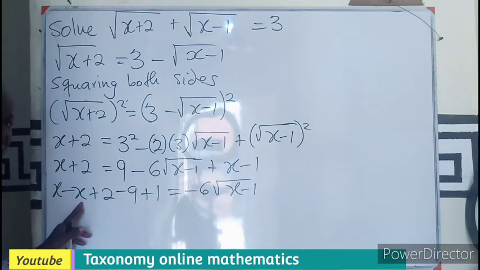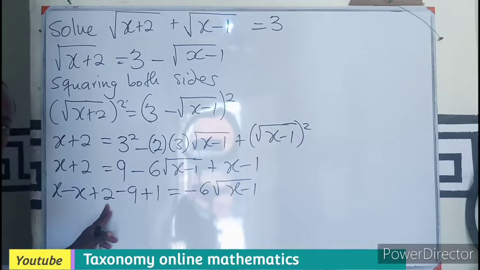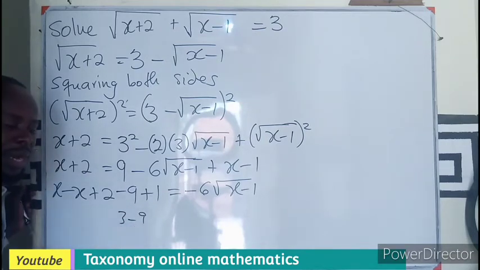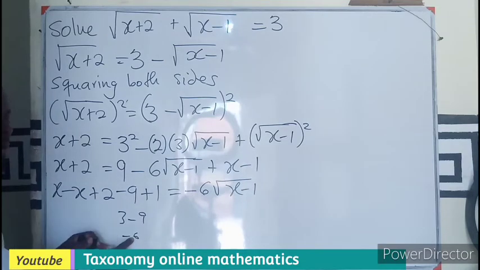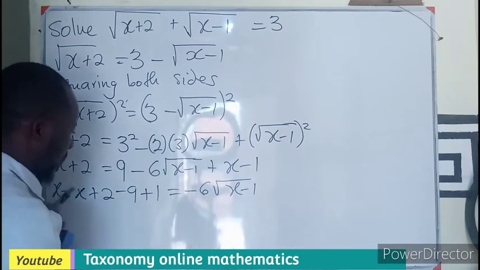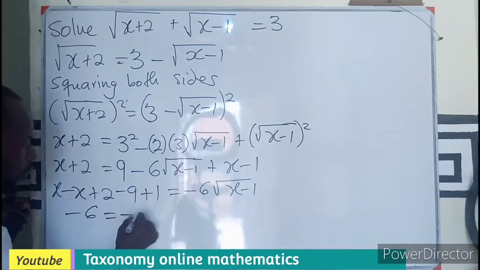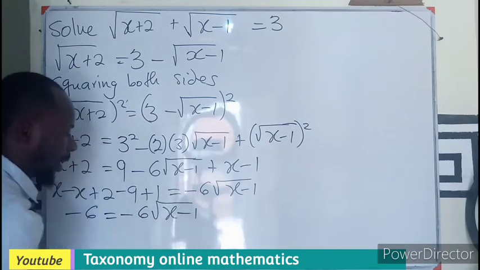Looking at the x minus x, we know it will cancel. We are left with 1 plus 2, which will also give us 3. 3 minus 9. If I have 3 minus 9, I'll be having minus 6. Meaning the whole of this will be translated to minus 6. So your minus 6 equals to minus 6 root x minus 1.